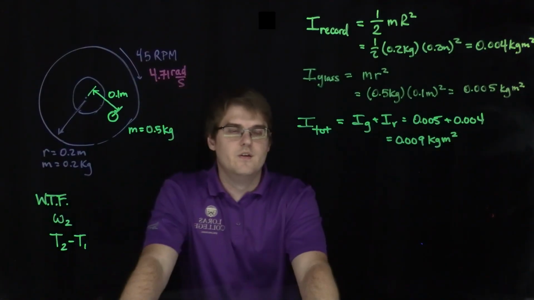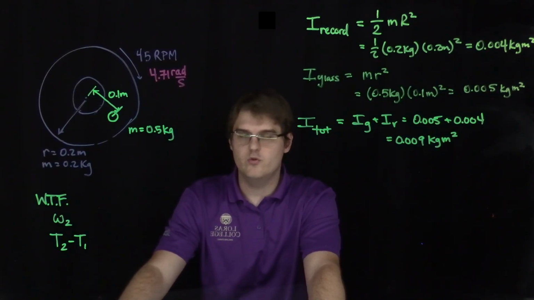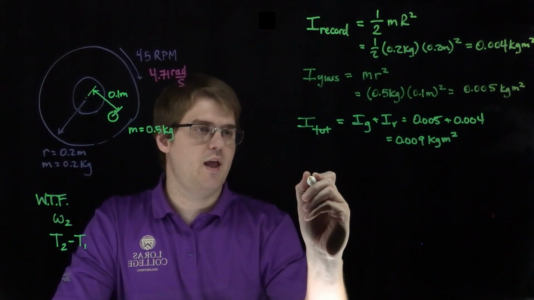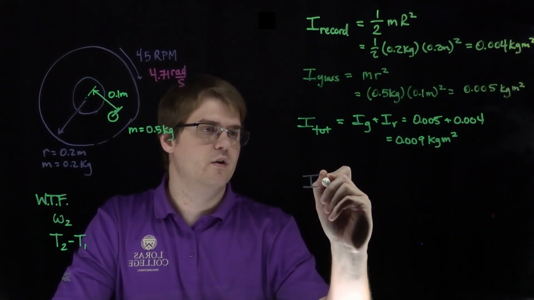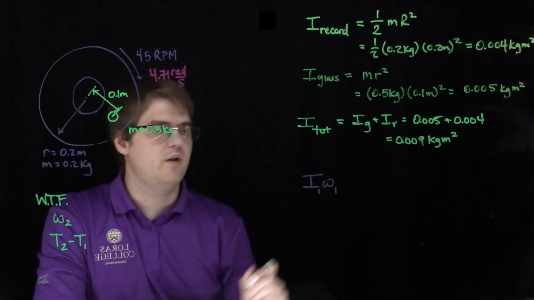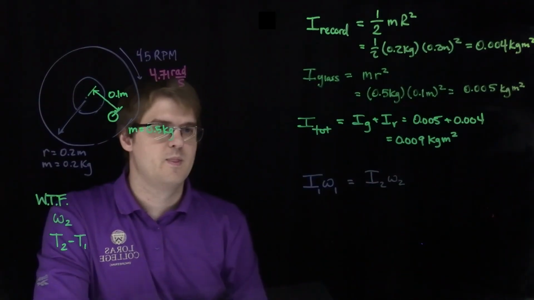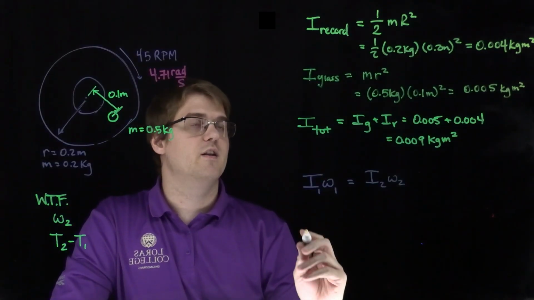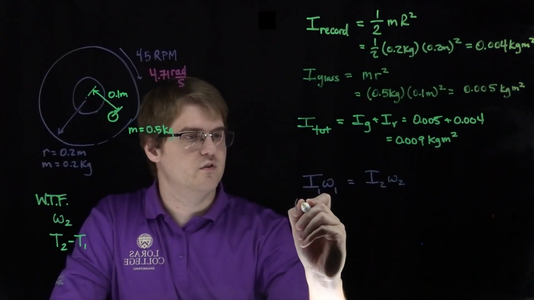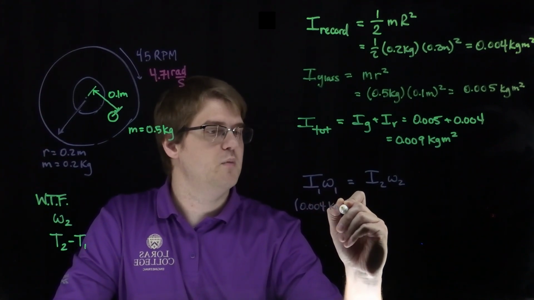Okay. That is all the background stuff that I'm going to need to know. Now I can throw it into my momentum equation. My momentum equation, which used to be mv, is now I omega. So at time 1, I've got I1 and omega 1. At time 2, I've got I2 and omega 2. In this case, my initial I is my I of just the record, which is 0.004 kilogram meter squared.